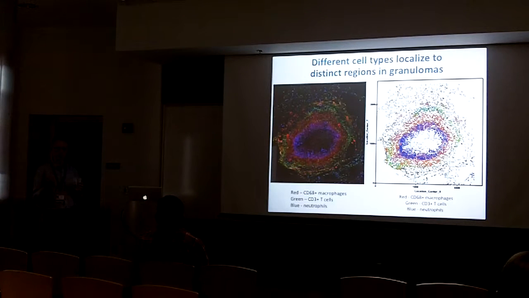Here we've got this abundant population of neutrophils. This is caseum in the middle, epithelioid macrophages out here, and T cells out here. So there's some happy medium for this granuloma in terms of how many of each cell population are present, and we don't know what that is in this case.